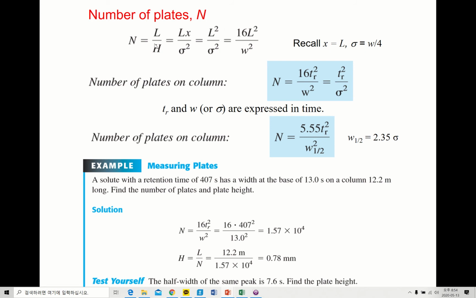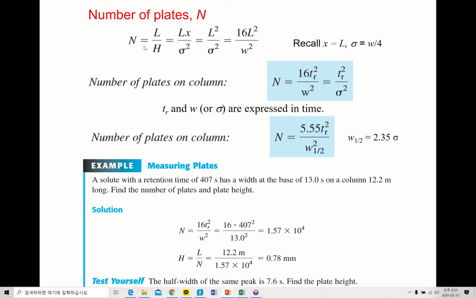Now let's summarize the theory here. The number of plates N equals L divided by H, and when we recall x equals L and sigma equals W, the bandwidth of the chromatogram, divided by 4, then we hook up these and get this equation.